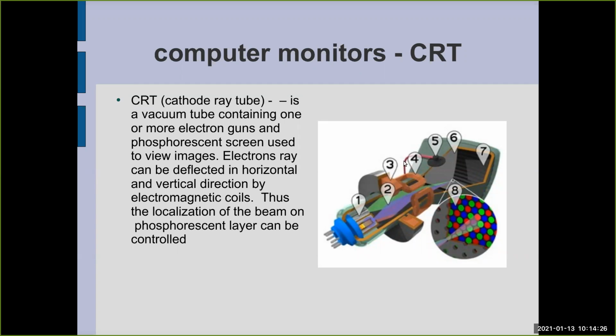Here we have the set of electromagnets which were responsible for controlling the position of the electron stream, and they were used to move the stream line by line. So the effect was that the image was drawn by this electron ray.